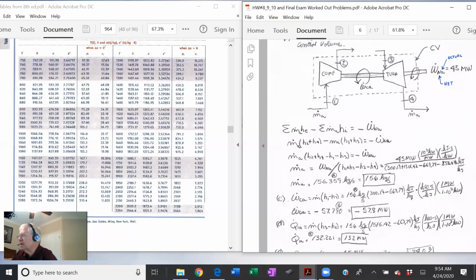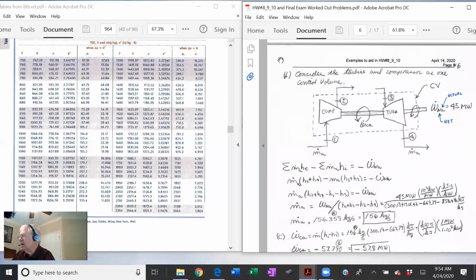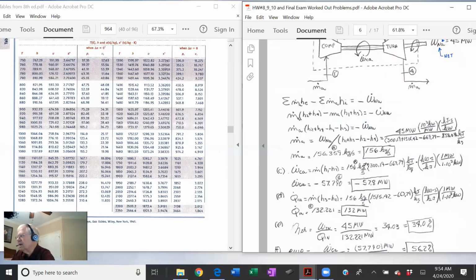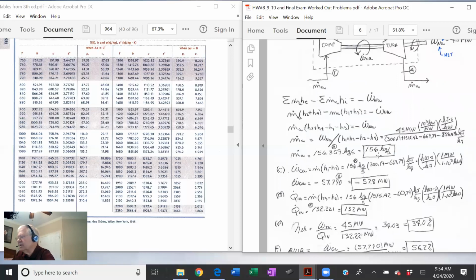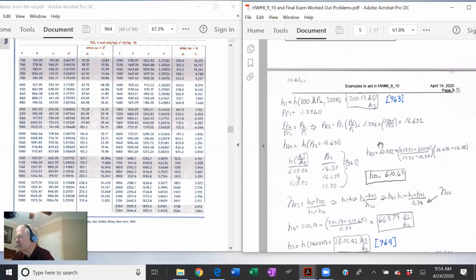We just do the Brayton cycle first, and you calculate the mass flow rate. I wanted them to be the same, but it looks like I got 156 here. What did I get on the gas turbine?